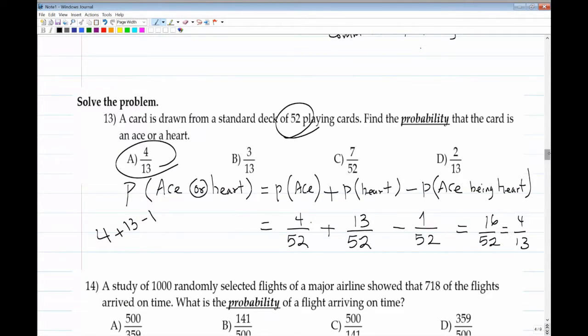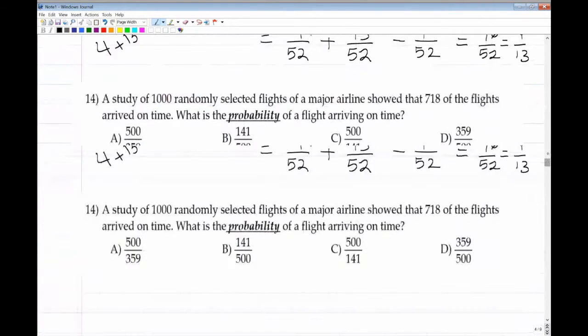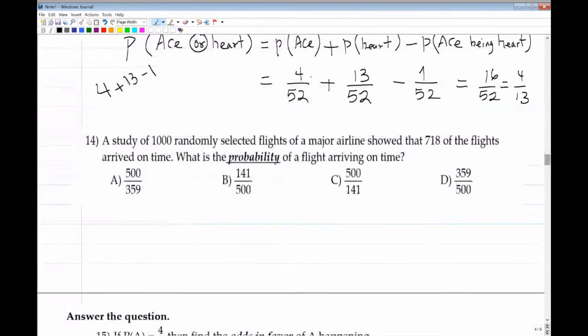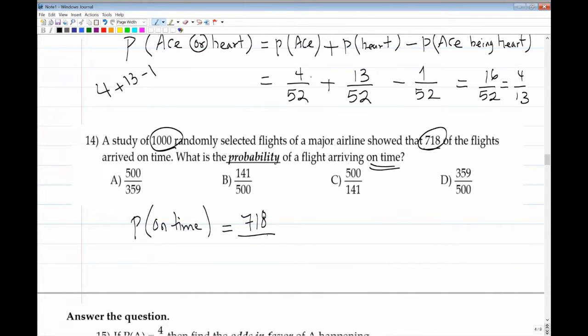Now let's move to the next problem. Now you have a probability. First of all, we have 1,000 flights, and 718 arrived on time. Find the probability that the flight will arrive on time. That's a straightforward problem. The probability of arriving on time will be equal to 718 divided by the total, which is 1,000.